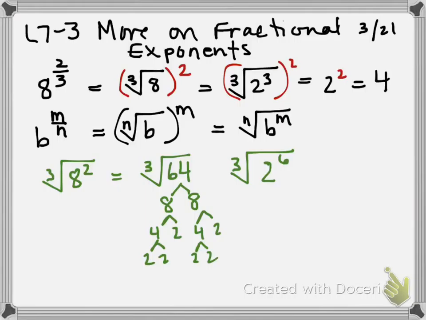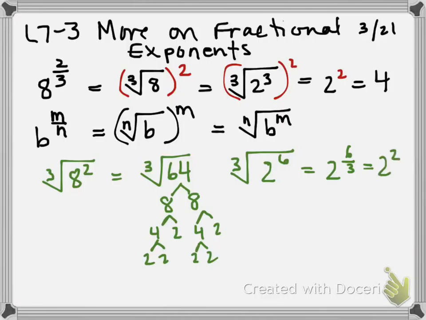So now what we would have to do is think about converting this back to a rational exponent. What's the numerator for that 2? The numerator, yeah, it's what's attached to the base. And what's the denominator? 3. That's the index.